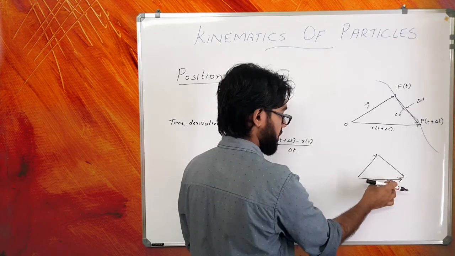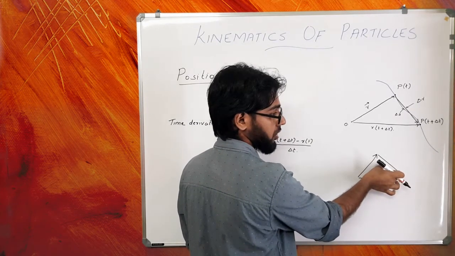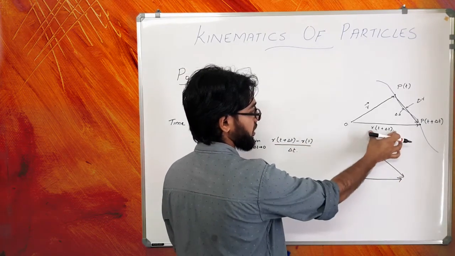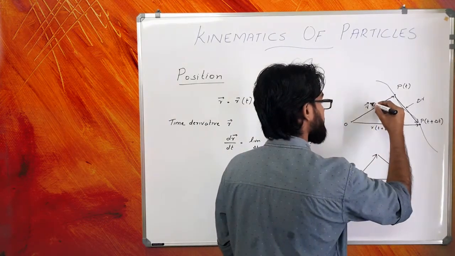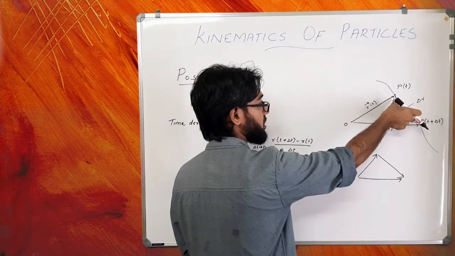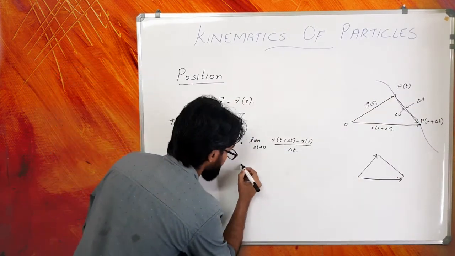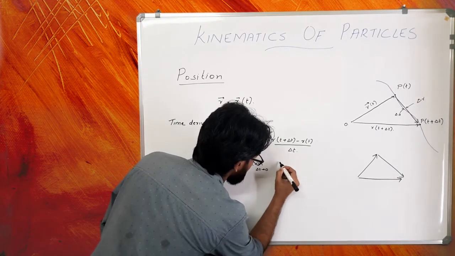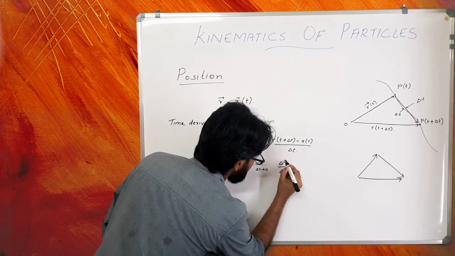This vector minus this vector will yield this vector. This vector, that is r of t plus delta t, minus this vector, r of t, will yield you this vector. So, I can rewrite this equation as limit delta t tends to 0 of delta r by delta t.